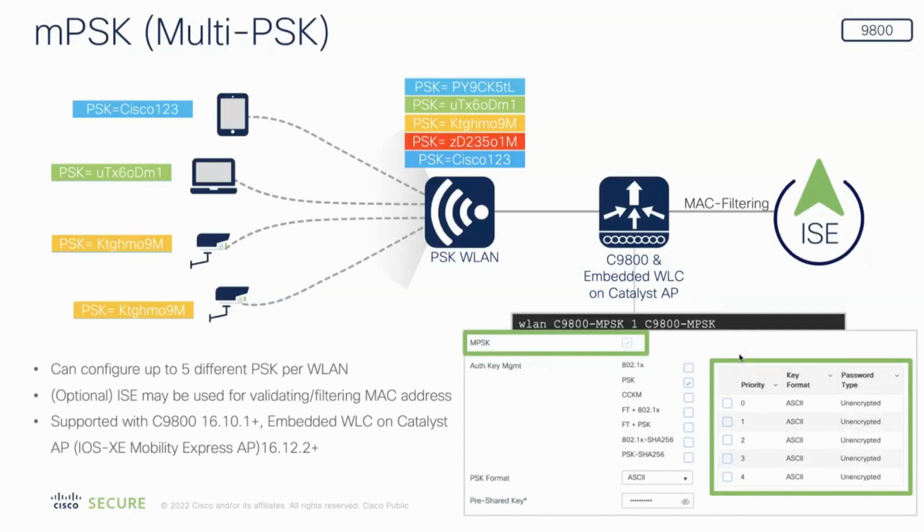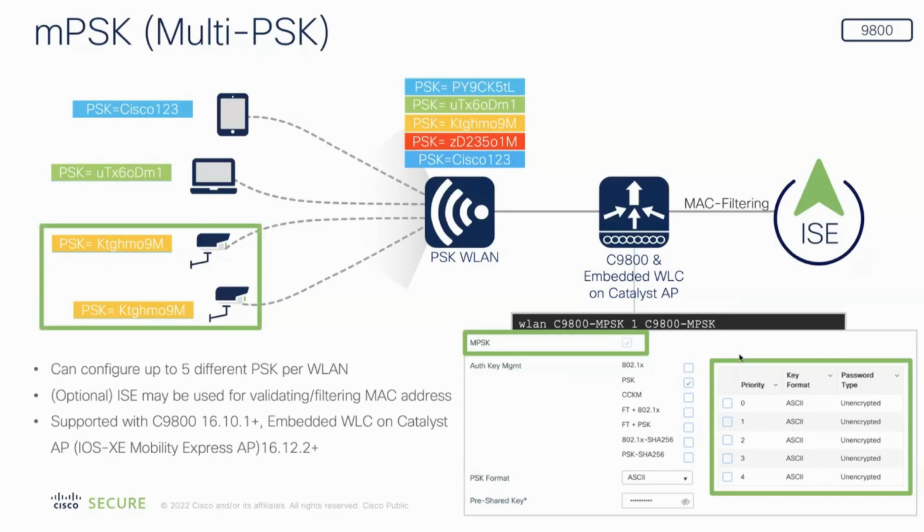And then you have the ability for all your endpoints to associate to it using a different pre-shared key. This can be useful if you're trying to rotate your keys, or if you want different groups or different device sets to use different pre-shared keys, and you want to be able to control that and override it based on your ICE policy. You can do those kinds of things with ICE.